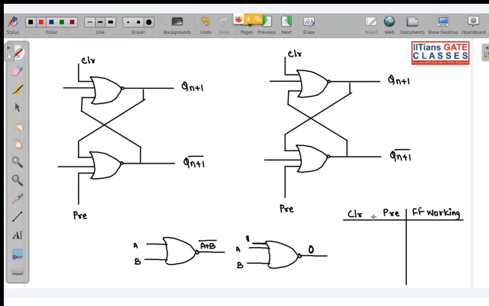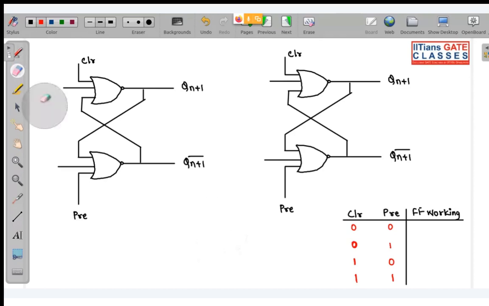Now look, the combinations of clear and preset that we can have: both of them 0, or clear 0 and preset 1, or clear 1 and preset 0, or both of them 1. So we can have 4 combinations.